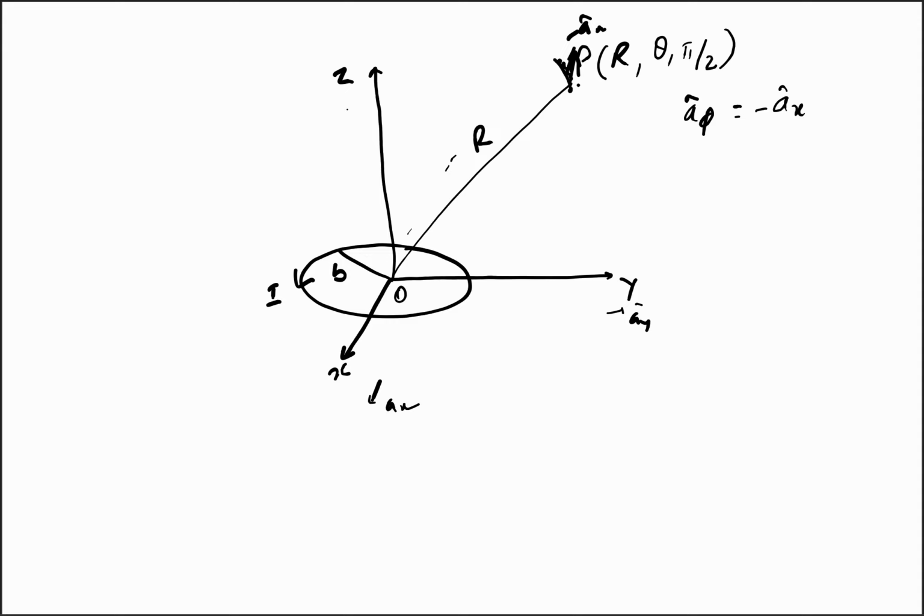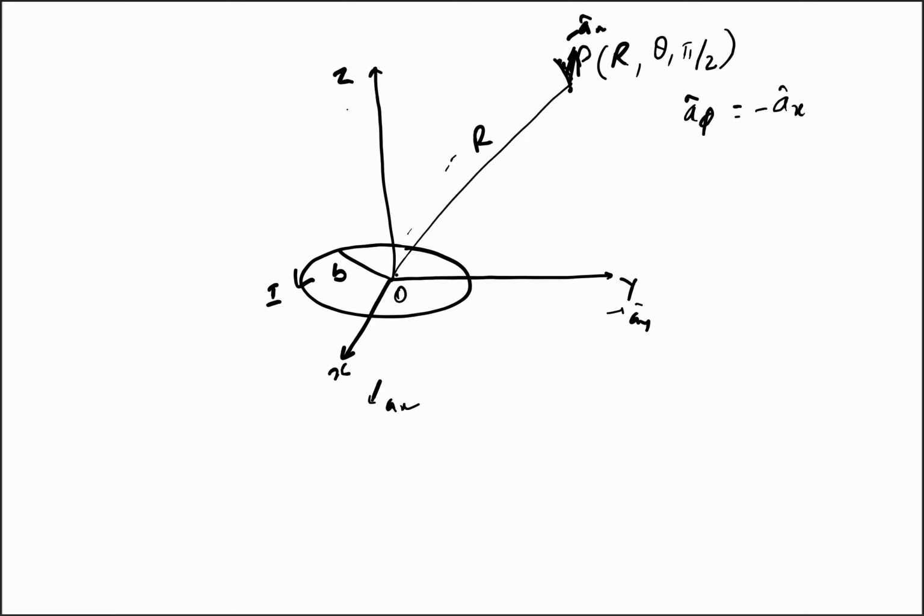Now since this point P is very far away, then we can make some simplifying assumptions, and we can also see that the shape of this current carrying loop doesn't matter much. It can also be a square, but for the ease of calculation we are taking it as a circular loop.